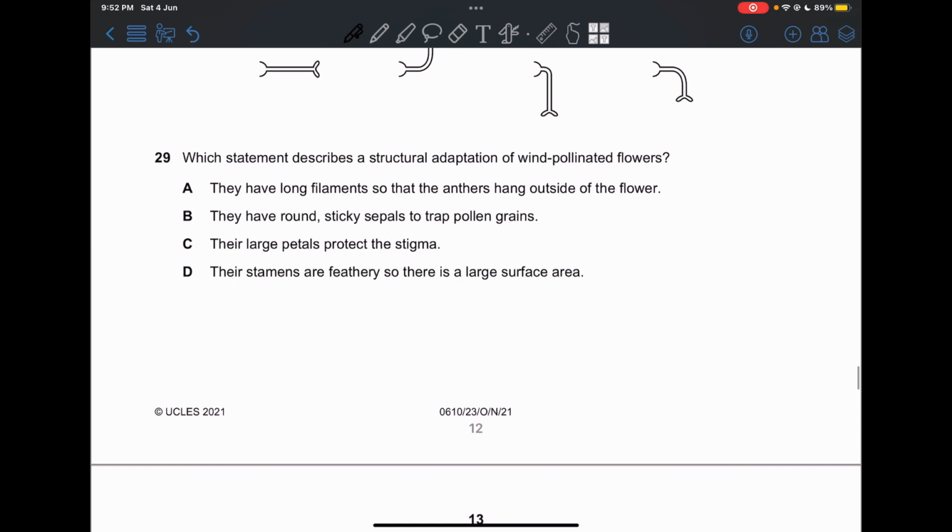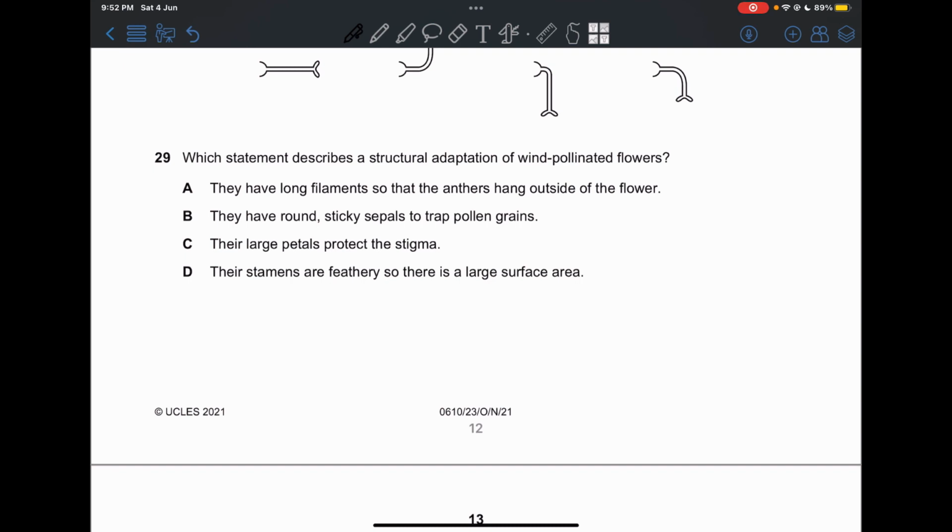Now, question 29, they want the structural adaptation of wind-pollinated flowers. So they have long filaments so that the anthers hang outside of the flower. Now, this is correct. They have round, sticky sepals to trap pollen grains. Now, this is incorrect because the sepals don't actually trap the pollen grains.